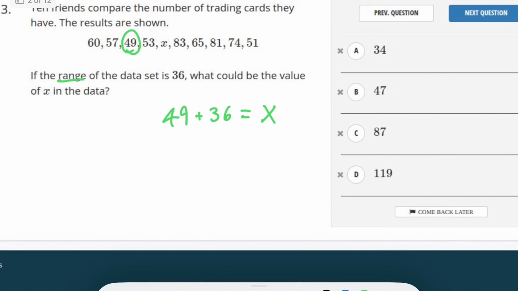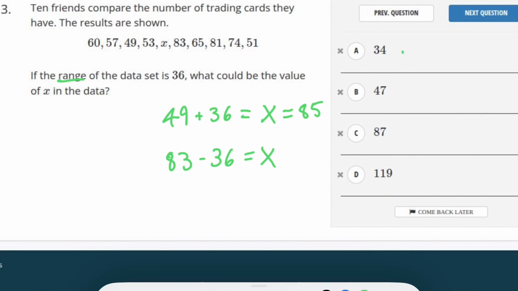And our second equation would be if X is the lowest number, not the greatest. So if X is the lowest number, we take the greatest number in the data set that is already shown, which is 83, and you would have to subtract 36 to get X. So X can be two values, and the answer choices will only have one. So our first problem, 49 plus 36, would be 85.